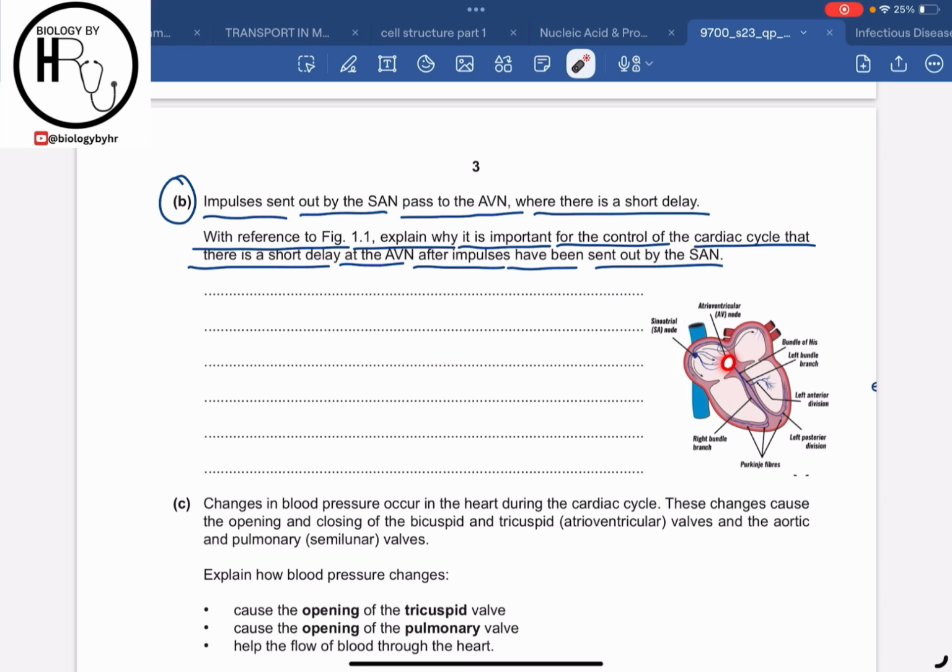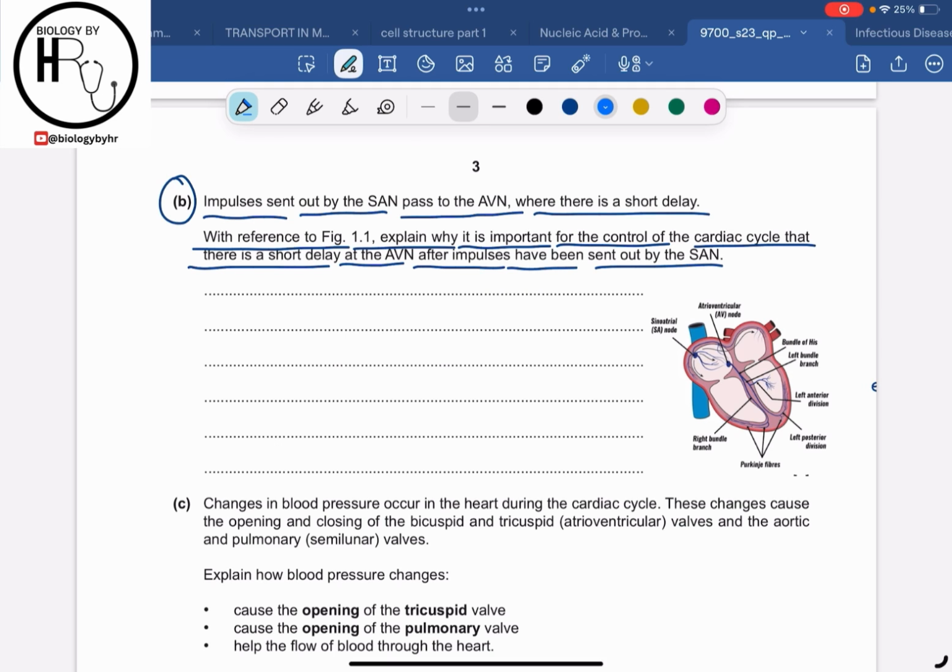And in the AV node the electrical impulse delays for 0.09 or 0.1 seconds. So they are asking why the electrical impulse is delayed at the AV node. What is the possible answer for this?